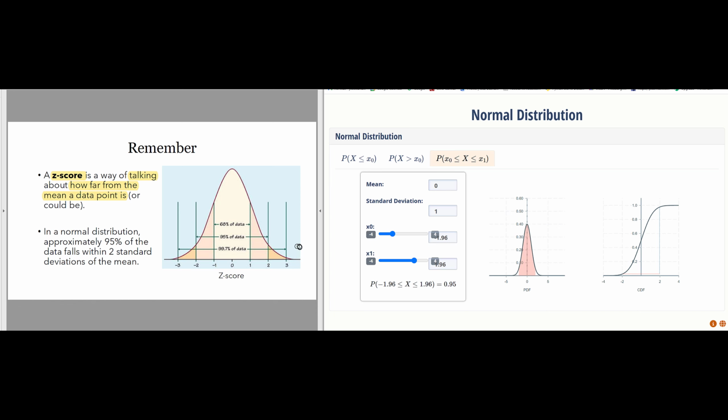And then for 3 standard deviations away, we'll go from minus 3 up to positive 3. And according to IL, it's 99.73. The point is, almost all of the data within a normal distribution is contained within 3 standard deviations of the mean.